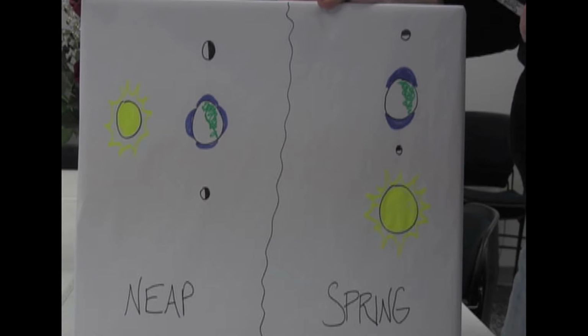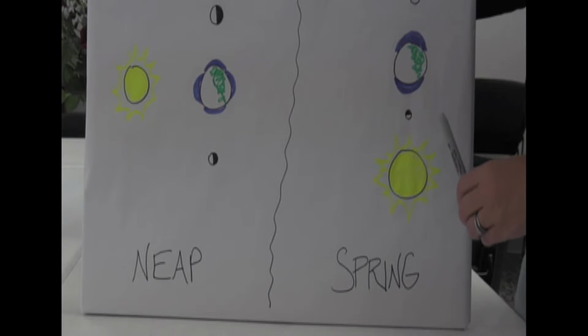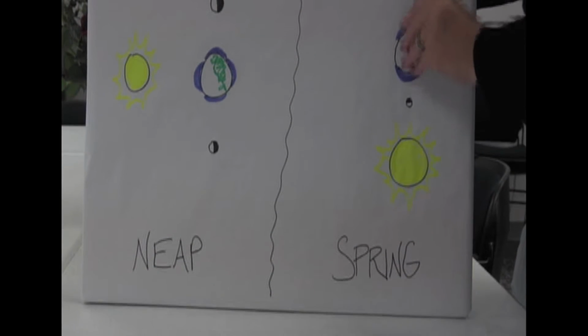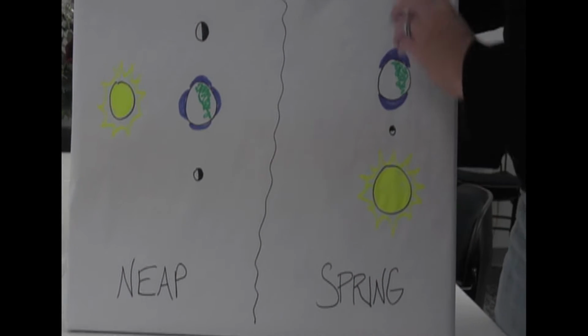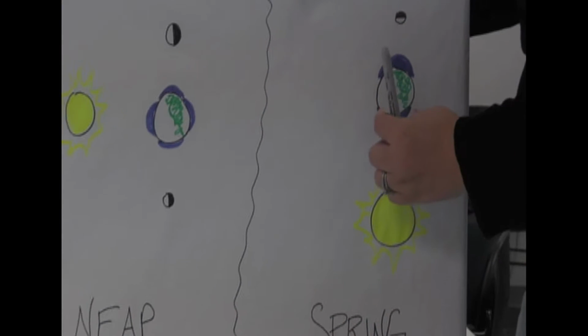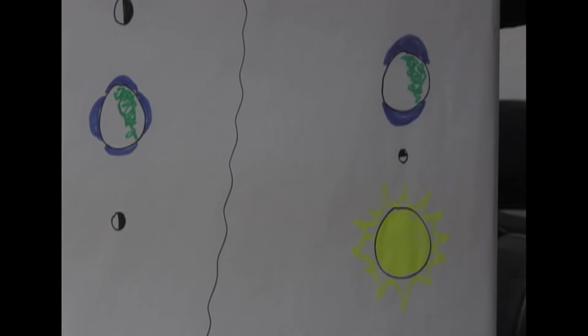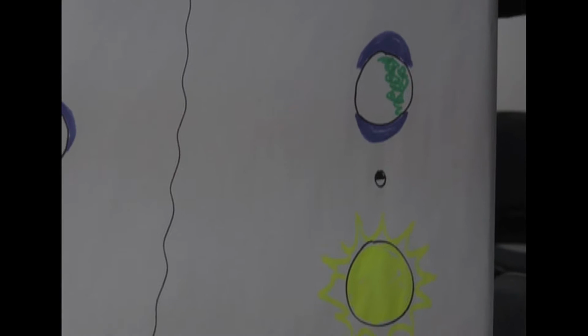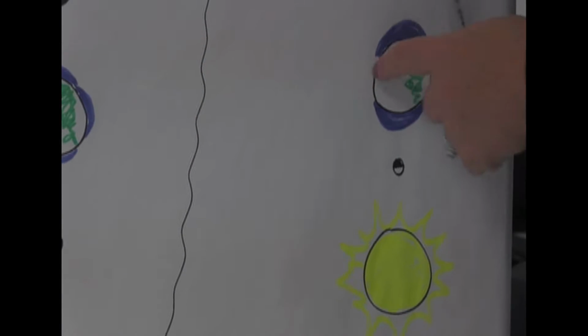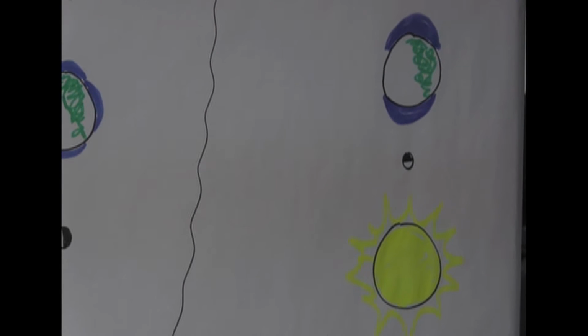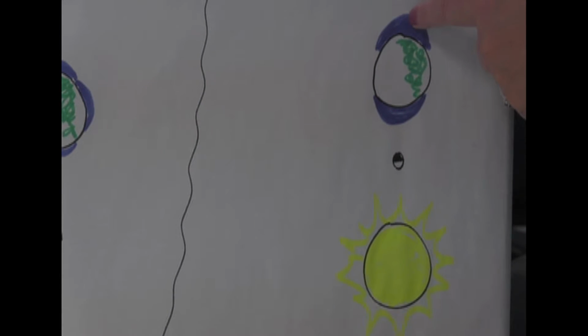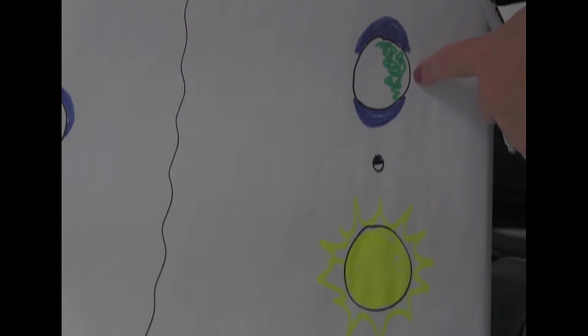In this case, water gets pulled toward the moon, and water gets pulled toward the Sun, and so you end up getting two large bulges on either side of the Earth. In between, there's not as much water left. So you get very high highs and very low lows.